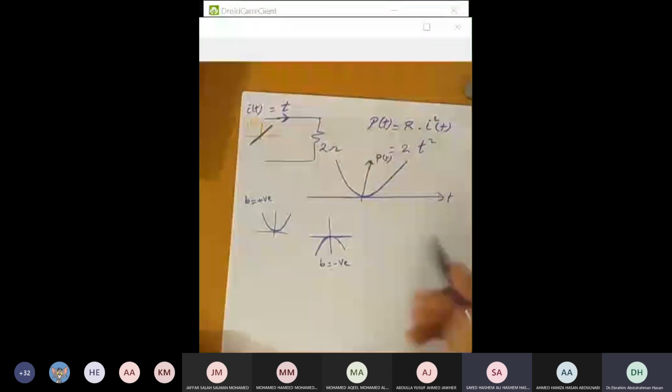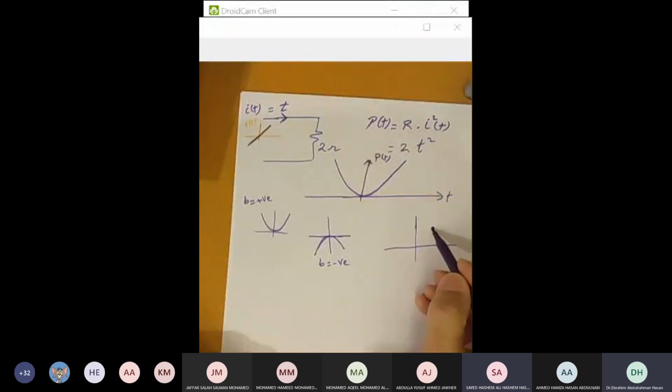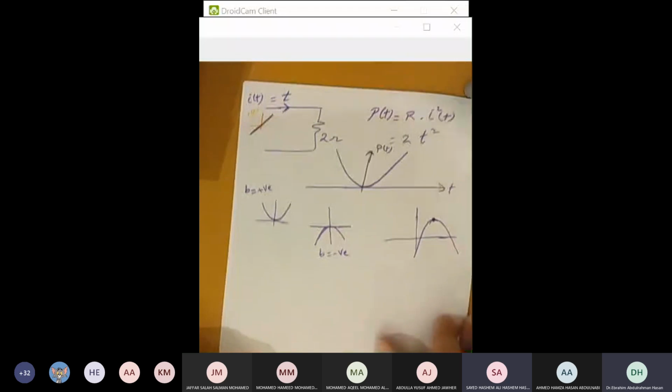This depends on the values of C1 and C2. يعني ممكن يكون start from here. Okay, هذه parabola.